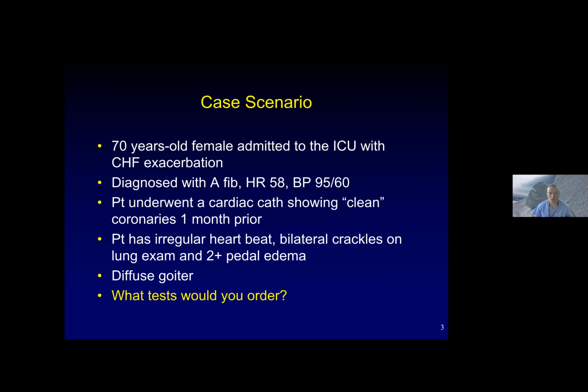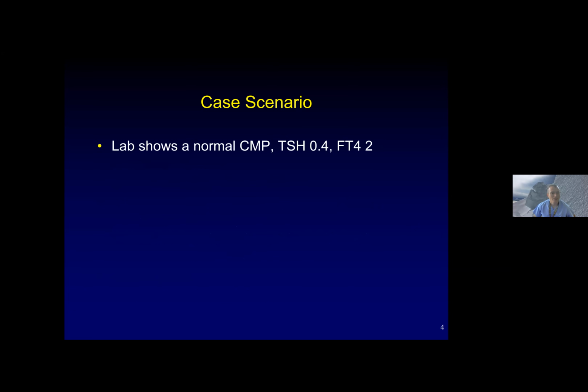So the question is, what test would you order? Some of the routine labs would include a CMP, comprehensive metabolic panel, to check the kidney and liver function, but also thyroid function tests, including a TSH, thyroid stimulating hormone, that was found to be 0.4, so that is in the lower end of normal, and a free T4 that was 2, which is high, abnormal.